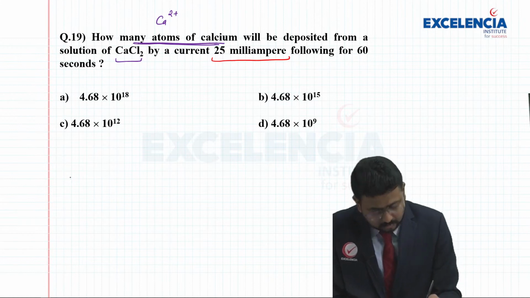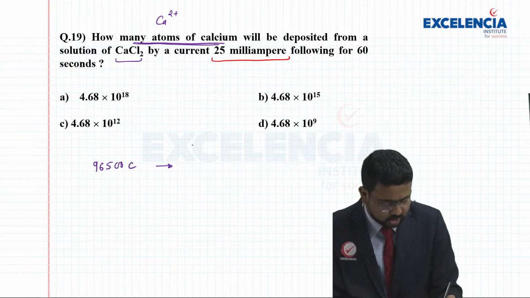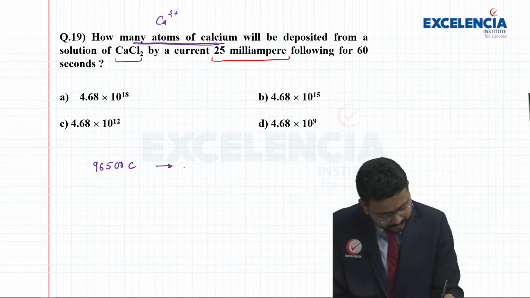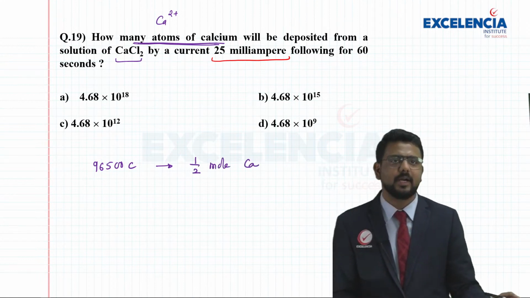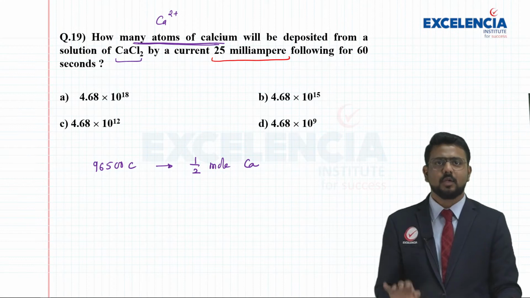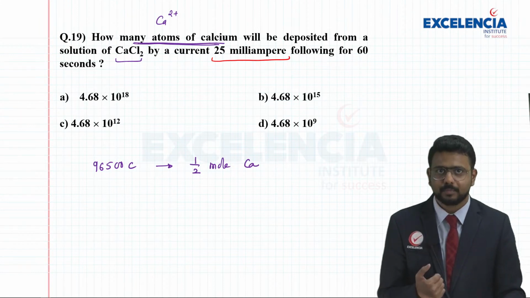So suppose if I am considering the final expression here, we can say that 96500 coulombs of electricity, because calcium's valency is 2, is going to give us half a mole of calcium. So 96,500 coulombs of electricity will produce half a mole of calcium, which we already know.